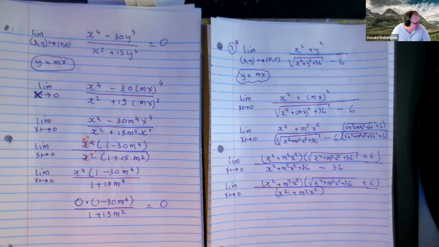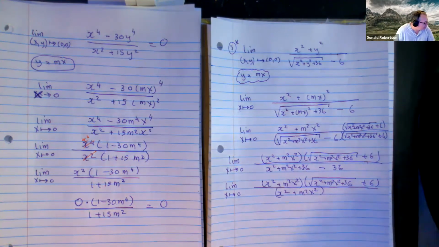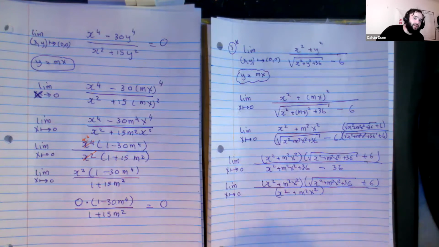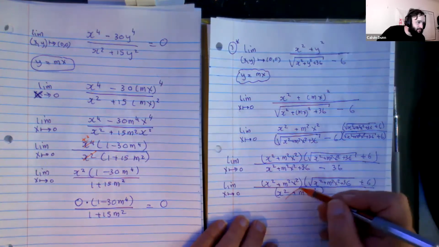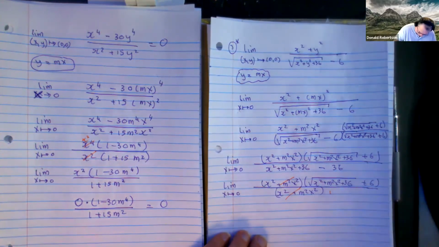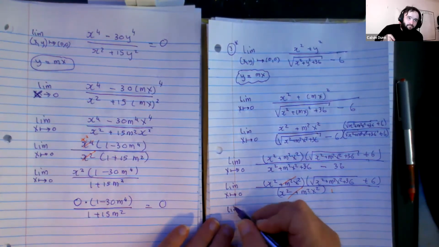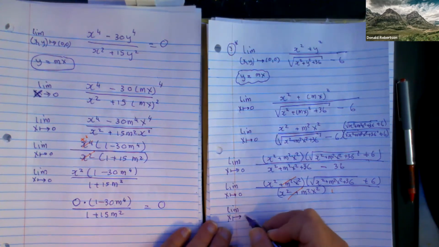All right, pause there for a second. Do you see anything nice? X squared plus m squared x squared. And when you do that, isn't there essentially one left behind? Yep. When one is on the bottom, it's better just to think that you don't have a fraction anymore.